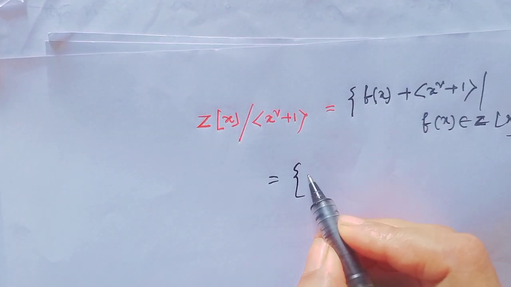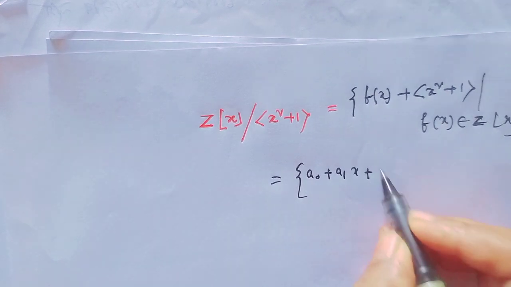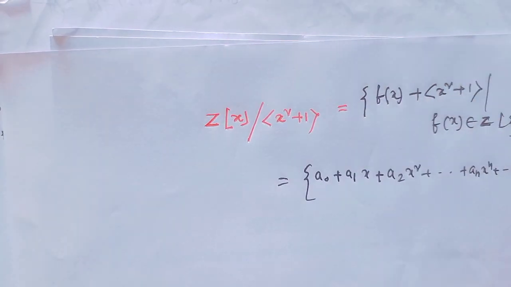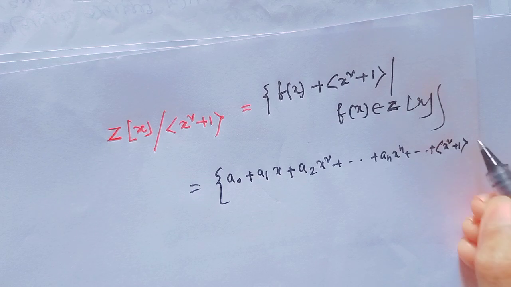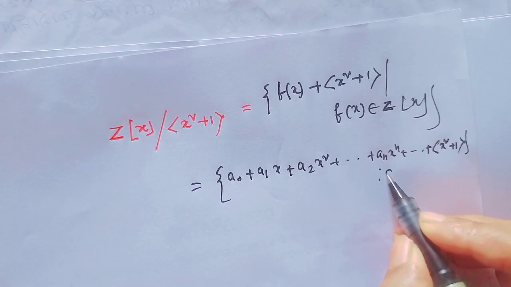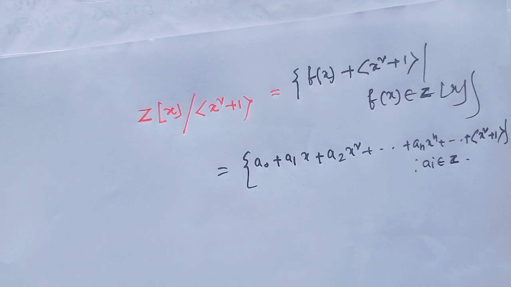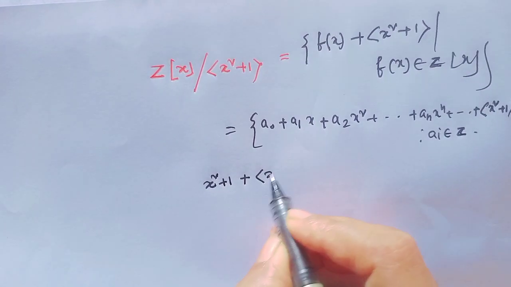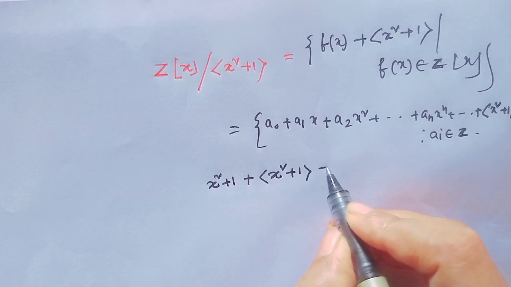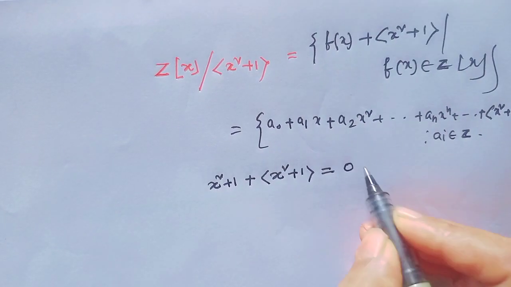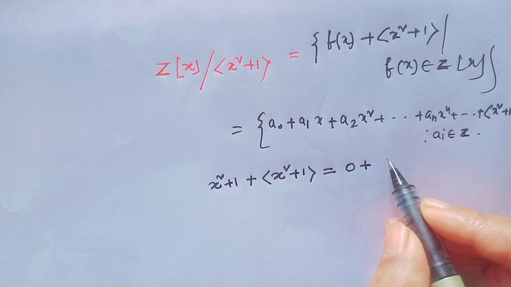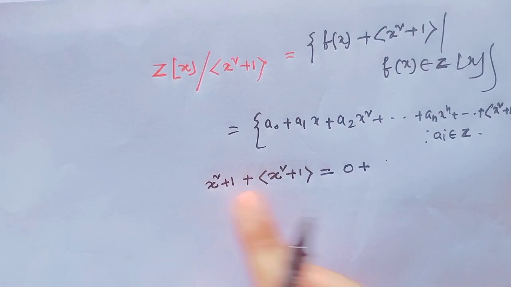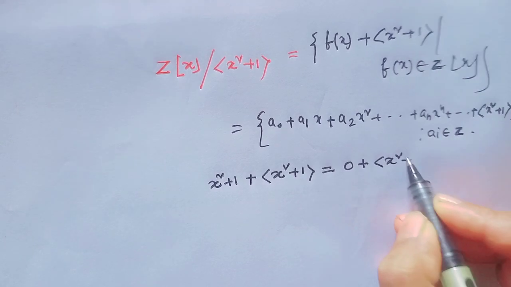That means f(x) equals a0 plus a1x plus a2x square up to an x to the power n, plus the ideal, where obviously each ai belongs to the integers. Notice that x square plus 1 plus the ideal is equal to 0 plus the ideal, because x square plus 1 is included in this ideal.